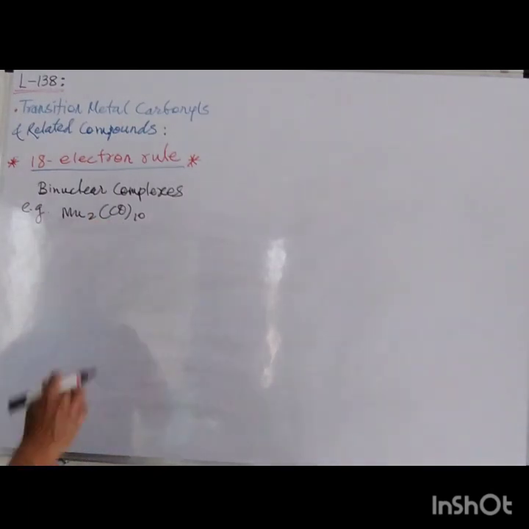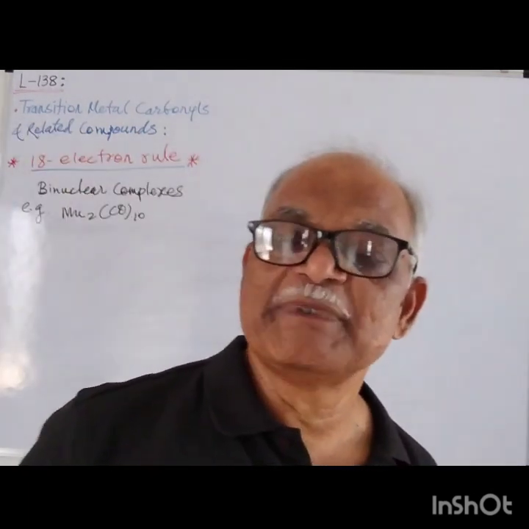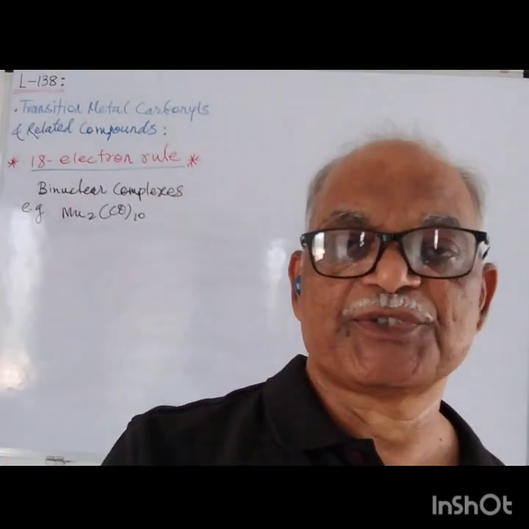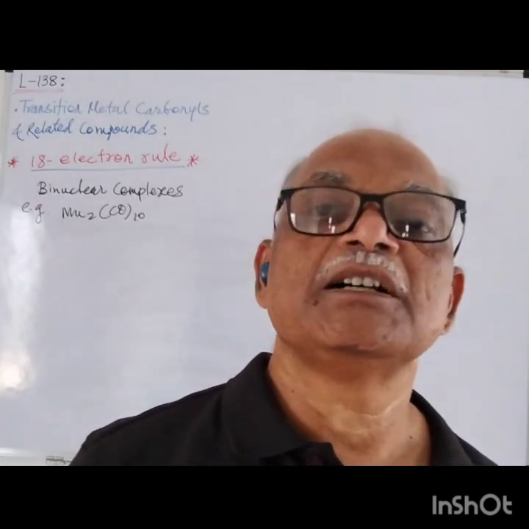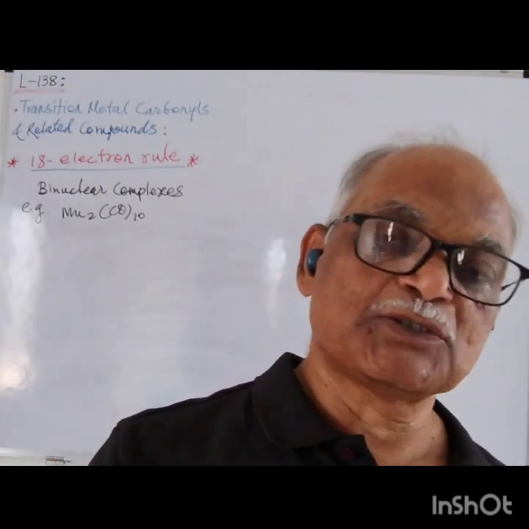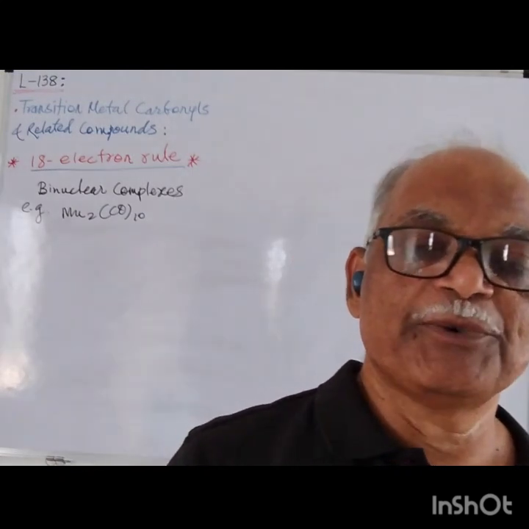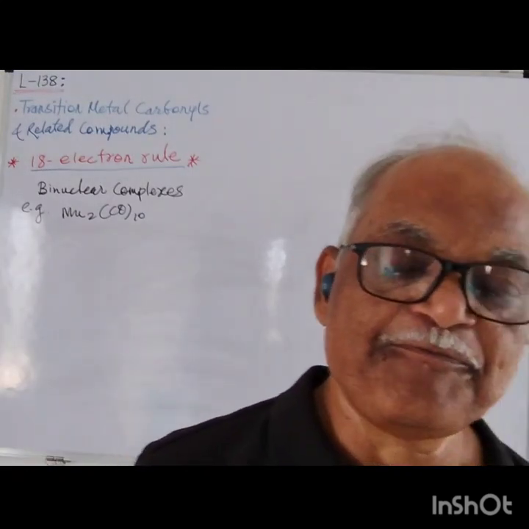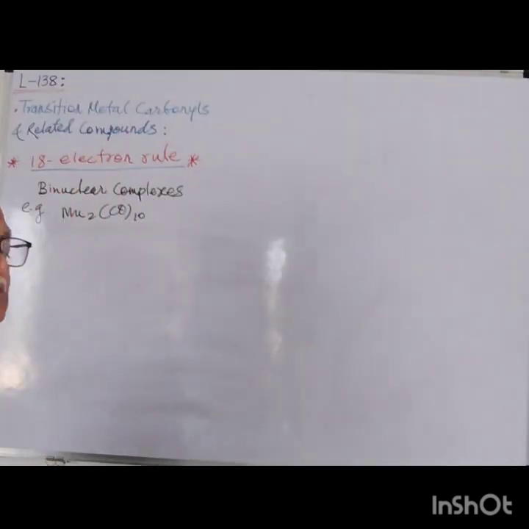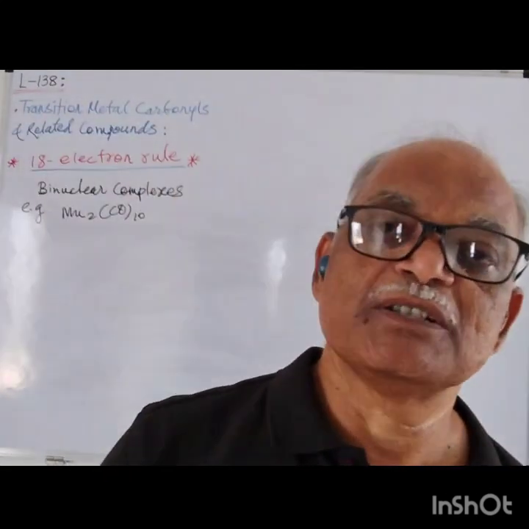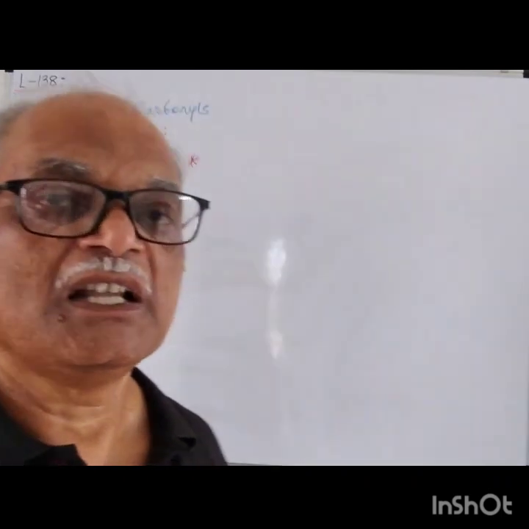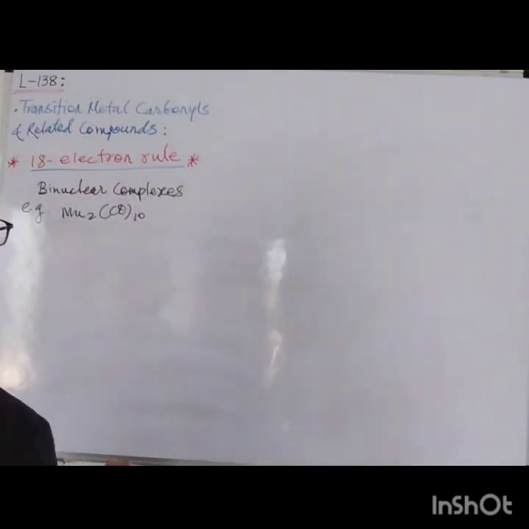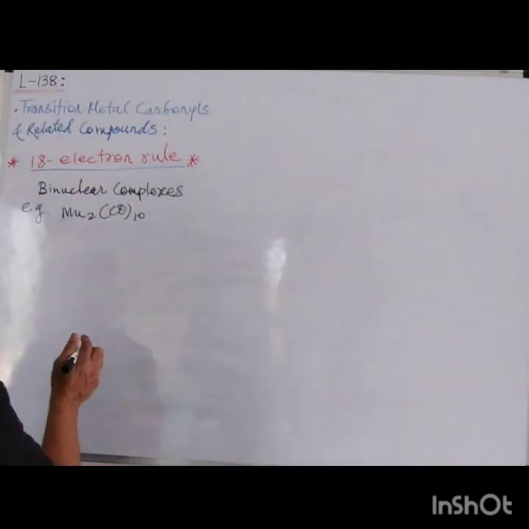Each terminally positioned ligand shares or contributes 2 electrons, and a bridging ligand will contribute 1 electron. That will also vary with different examples.